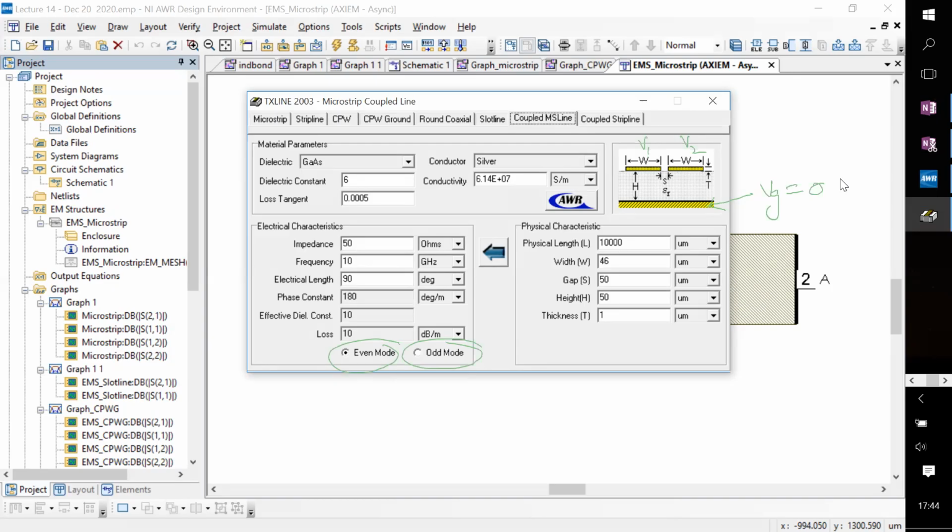It is possible to excite only the even mode and not the odd mode, and vice versa. But it is not possible to excite only V1 or conductor 1 and not conductor 2. Okay, so that's sort of will make this connection between the normal modes, right? So we'll see how these things now come about.